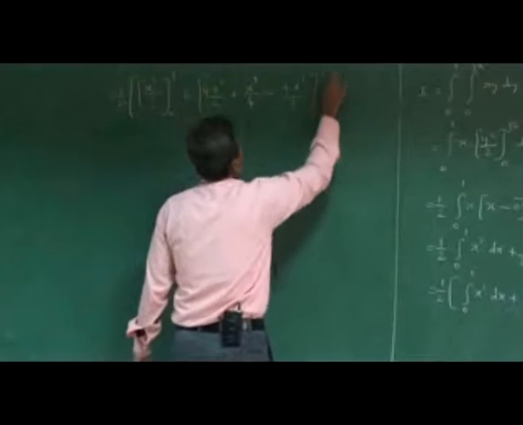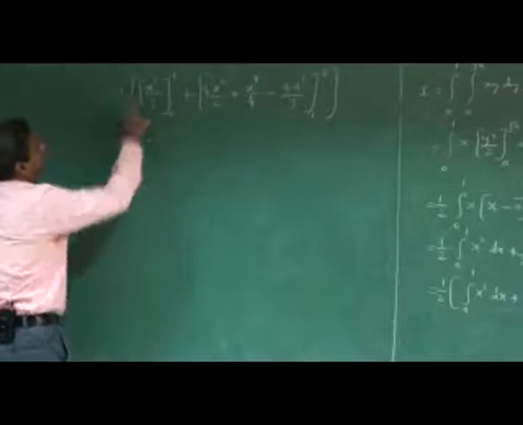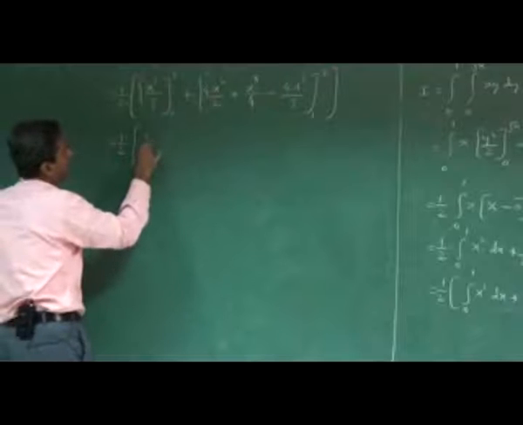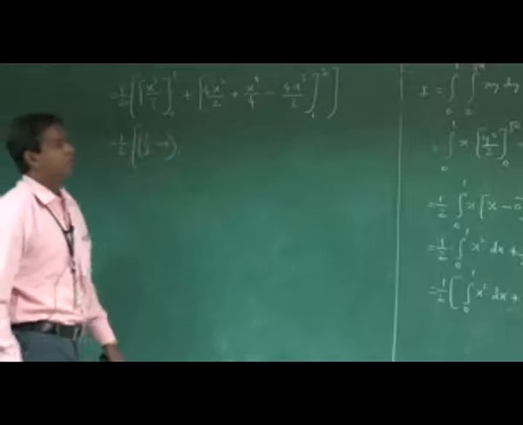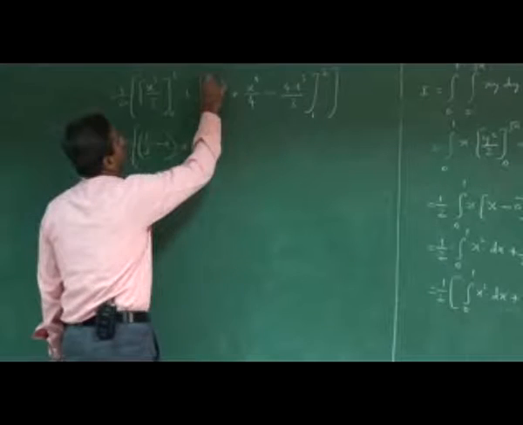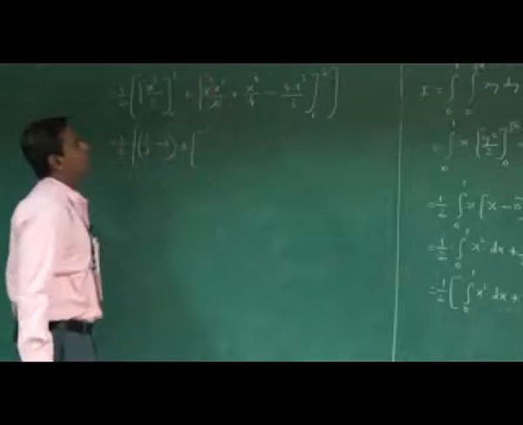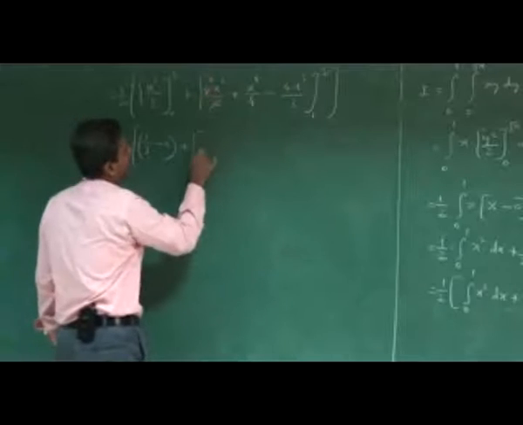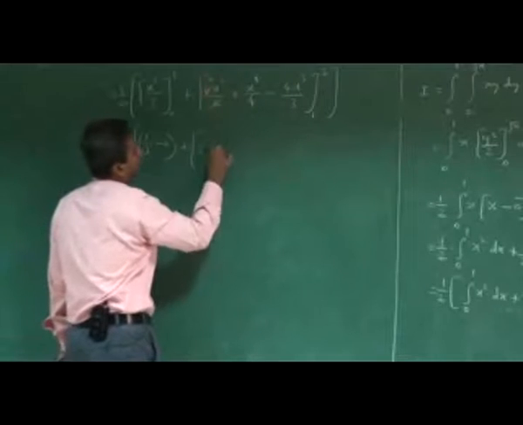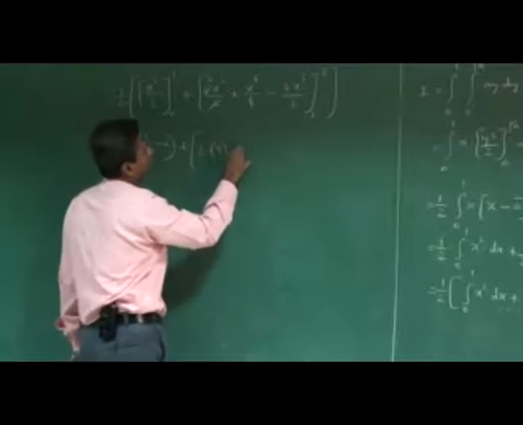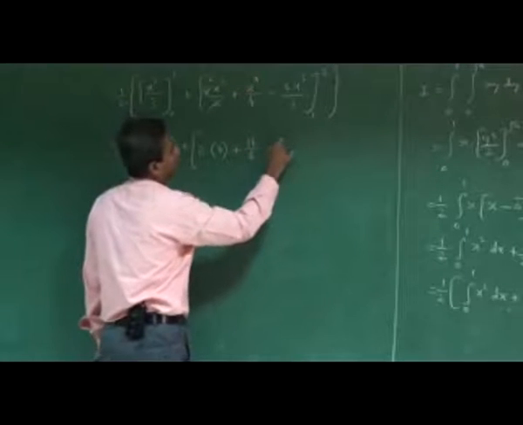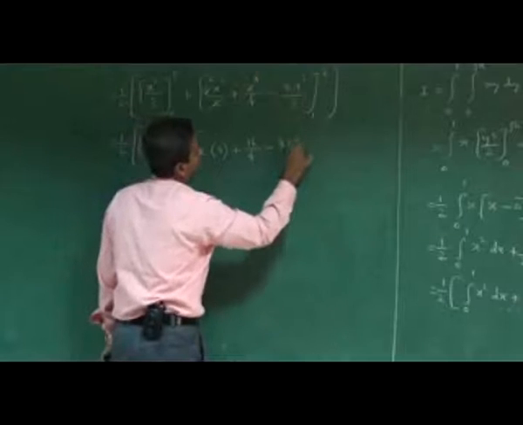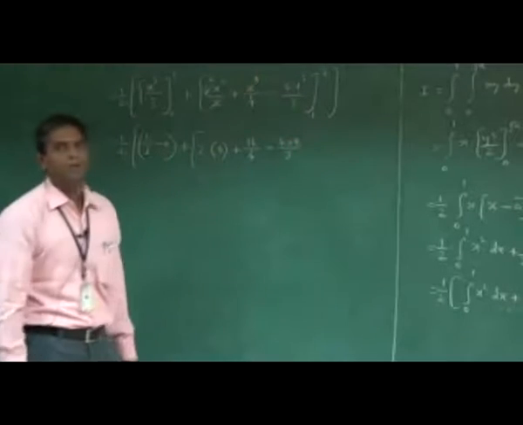That's all, and that is equal to 1/2 times, here the upper limit is 1, so 1/3 minus, the lower limit is 0, so 1/3 minus 0, plus, here we go to simplify, we apply x is 2 here, that is 2 times 2 squared, which is 4, plus 2 to the power 4, which is 16, divided by 4, minus 4 times 2 cubed, which is 8, divided by 3 for the upper limit.